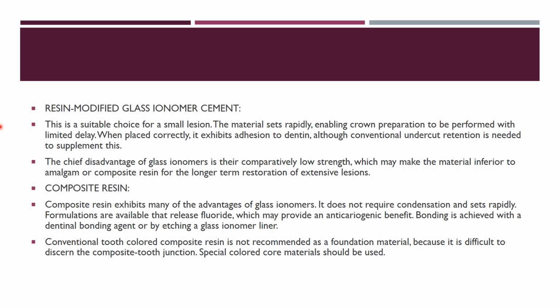So again, it can be a material of choice. The chief disadvantage here is it has low strength, and it's very inferior to composite. And it will not really serve as a long-term restoration. Okay, so that's why we introduce composite resin.